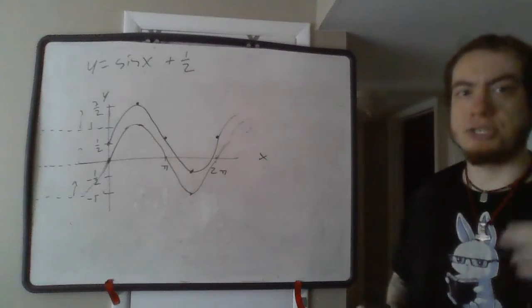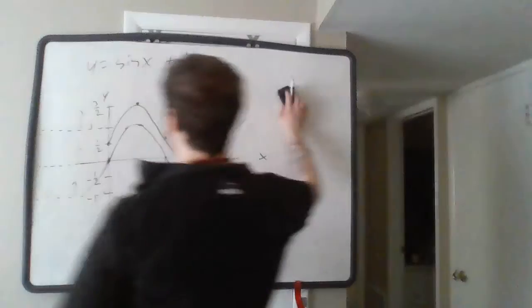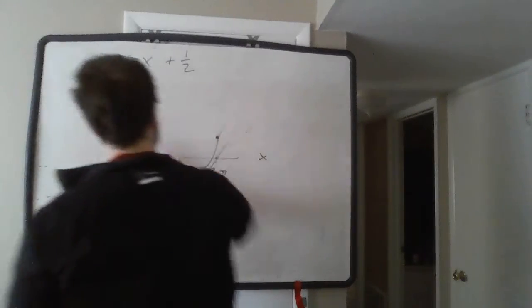Now, the thing is, that's going to work even if the amplitude isn't 1. So I gave you this example where the amplitude is 1, just to start off with something relatively simple. But the same idea is going to work if I have some other kind of amplitude.